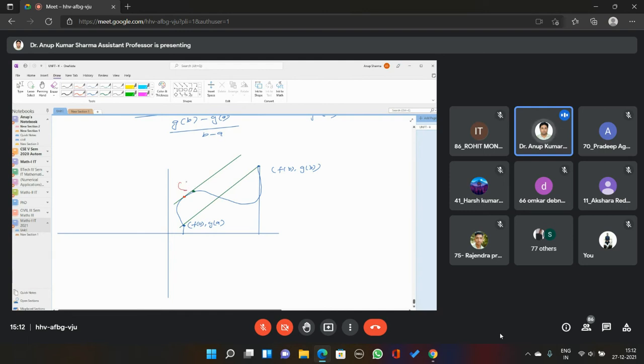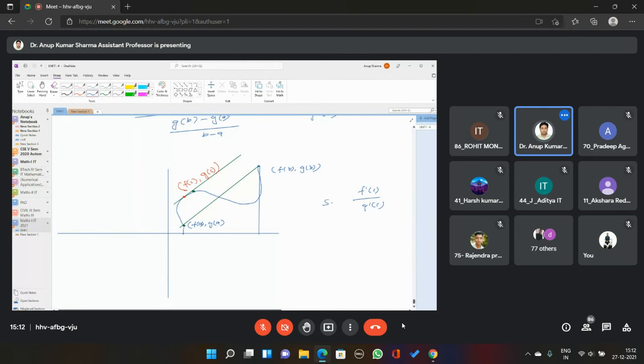So this is the point. Here we have (f(c), g(c)). What is the slope of this tangent at this point? You know that in the parametric equation of a curve, what is the tangent? Anybody? What do you write for the slope of this tangent at point C? g'(c) upon f'(c).